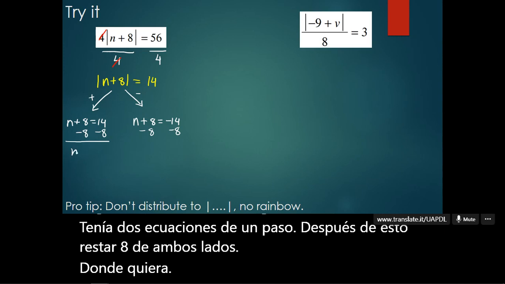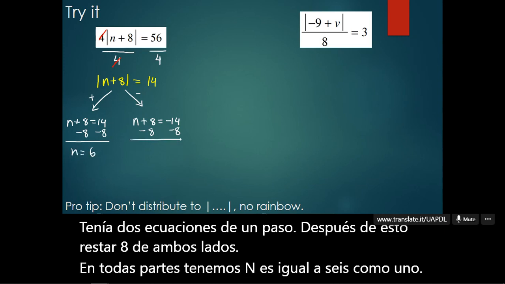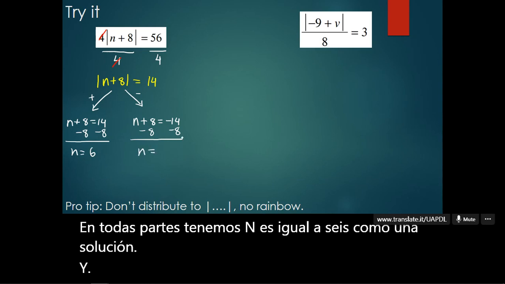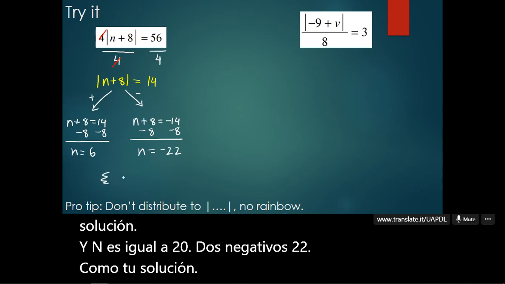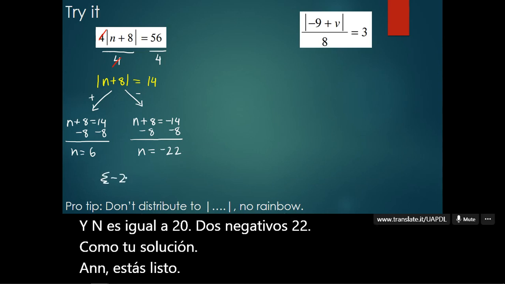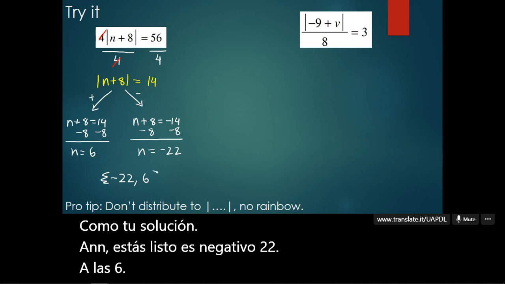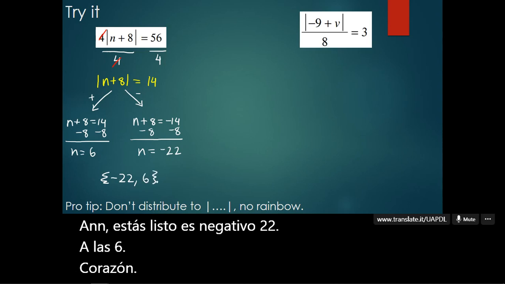We have n is equal to 6 as one solution, and n is equal to negative 22 as the other solution, and your set is negative 22 and 6.